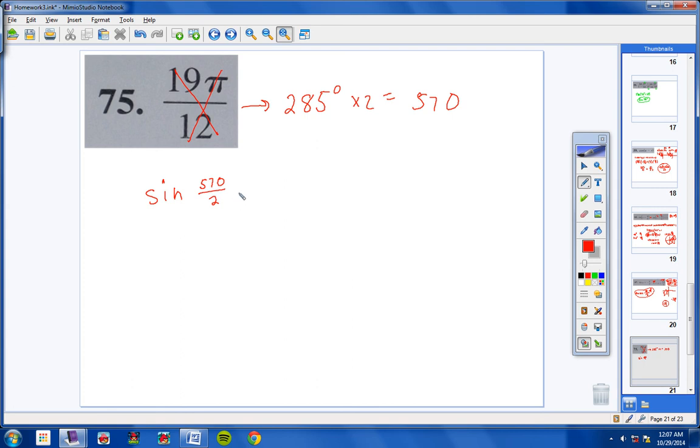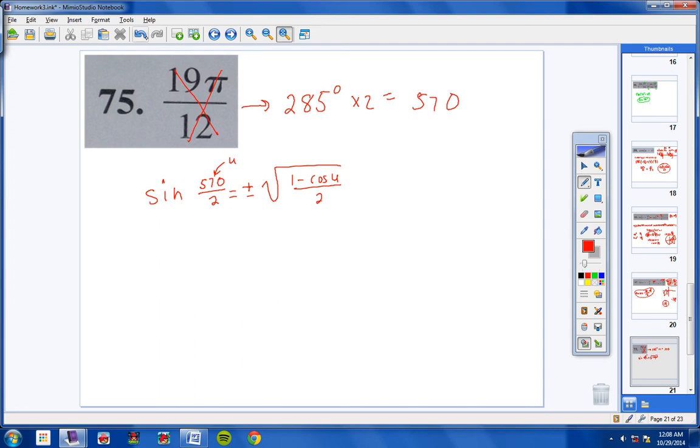Now, in order for us to do that, the trig identity is going to be equal plus minus the square root of 1 minus cosine of u all over 2. Now, this is your u, 570.